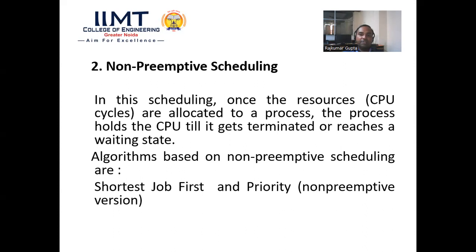When it completes its execution, it releases the resource, that is the CPU, and after releasing it, the CPU is given to another process, that is process number 2. So once the resource is allocated to a particular process, it holds the CPU till it gets terminated.